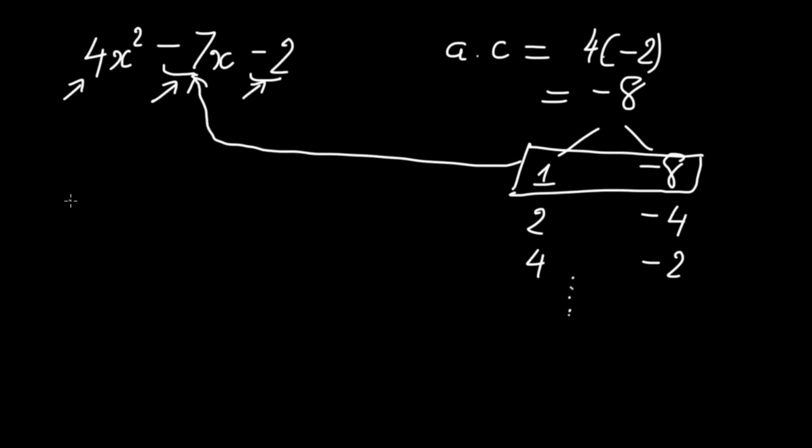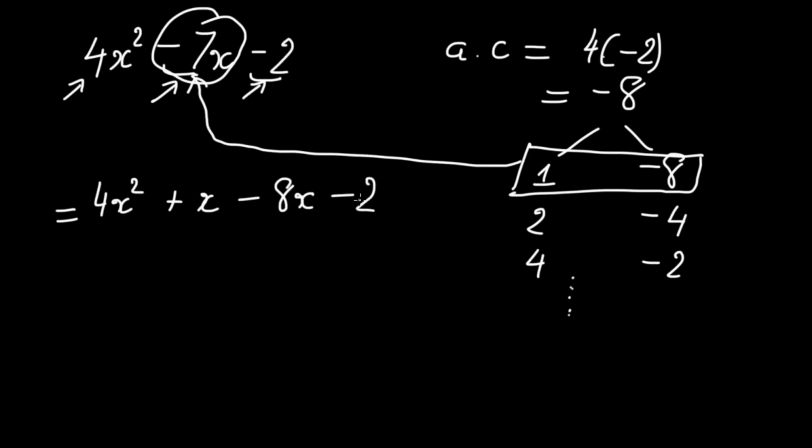So the original expression equals 4x squared, and then negative 7x, we break it into two terms. 1x right here, and then minus 8x. Negative 2 right here, we put it down. You see, x minus 8x equals negative 7x.